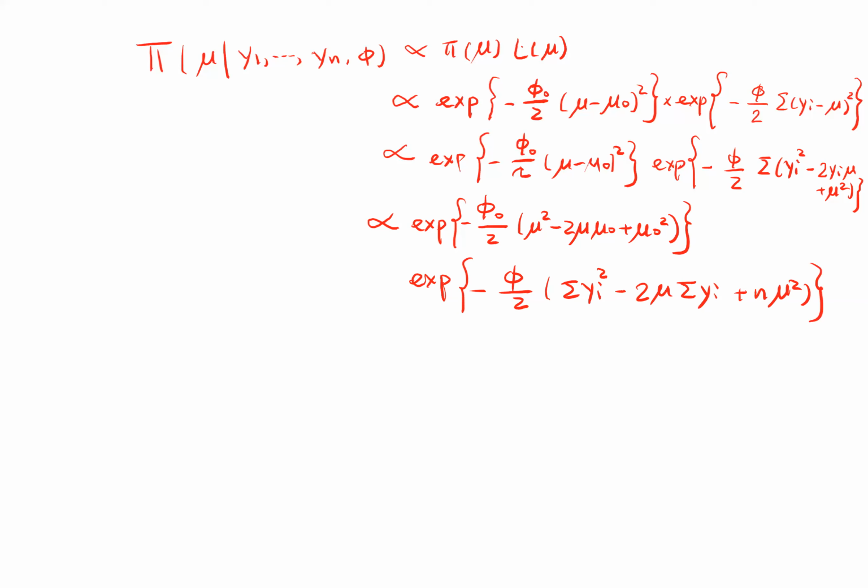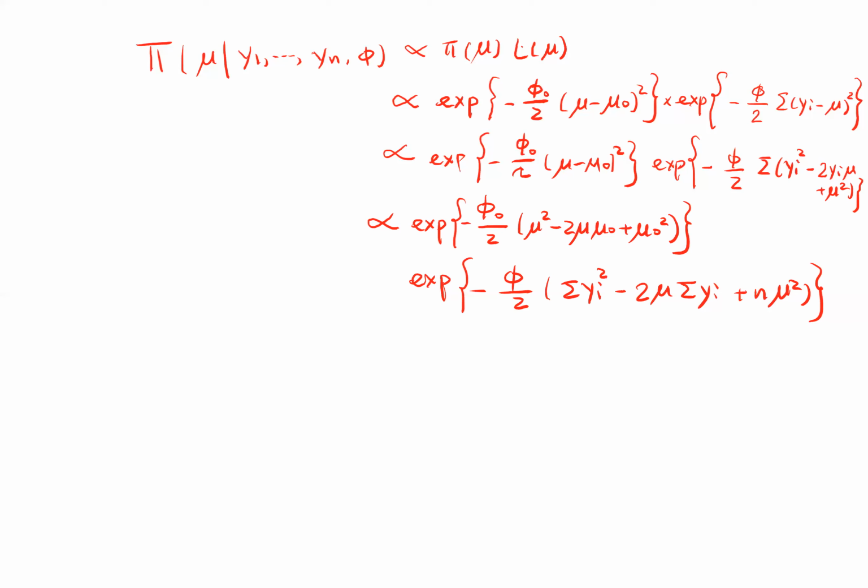Okay, so up to this point, what I did is simply just expanding those square terms. But we can start to see certain things can be thrown away into the proportional sign. Okay? So first of all, the only random variable here or random parameter here is mu, so anything not about mu can be thrown away. So we already did those two constants in front, like the square root of 2 pi, that kind of stuff.